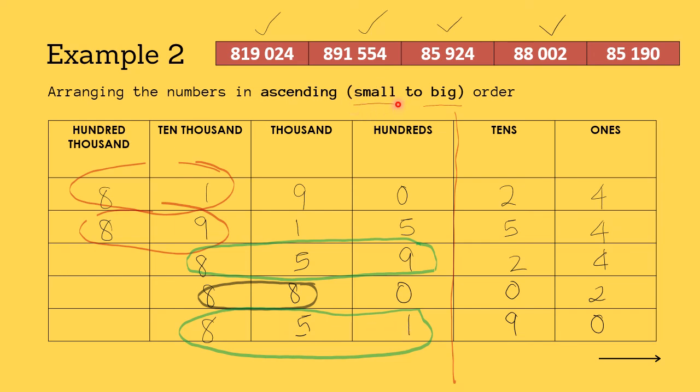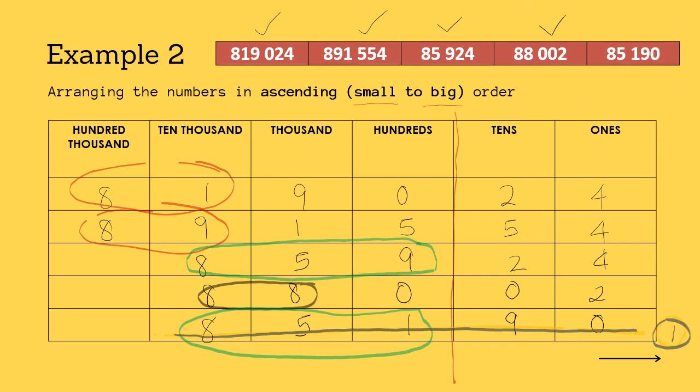Remember, we want the smaller number. So obviously the smaller number is 1. So we know that we are going to scratch that off from the list. So this will be the first number that we are going to write in our answer later on. So that's the first number.